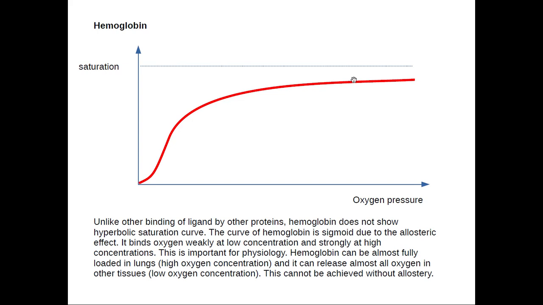So such a hemoglobin with a hyperbolic shape would get 80% or 90% saturated, but then in liver, for example, there would be saturation still like 40%. So it would go just from 90% to 40%. So some 50% of its capacity would be used for delivery of oxygen.